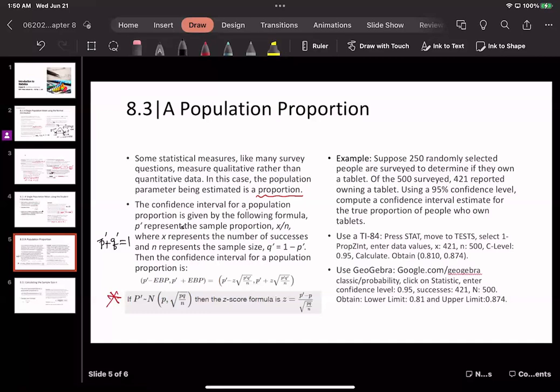Then the z-score formula is defined as p-hat minus p, divided by the square root of p times q divided by n. And remember, p plus q is 1.